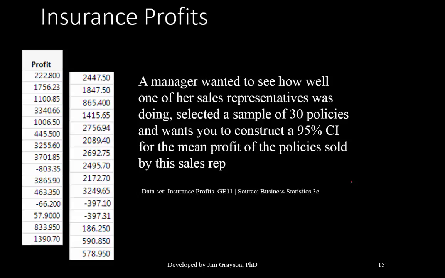So another example here based on insurance profits. Suppose a manager wanted to see how their sales rep was doing. A sample of 30 policies wants us to construct a 95% confidence interval for the mean profit of the policies sold. Here's our original data.